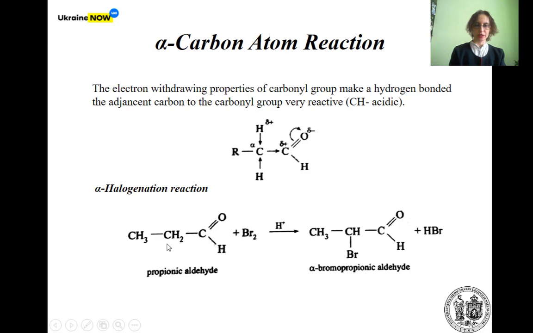So this reaction every time occurs at the alpha position from the carbonylic group. A similar reaction we observe for carboxylic acids. The same in alpha position, CH acidity is possible, and here substitution with halogens is possible.